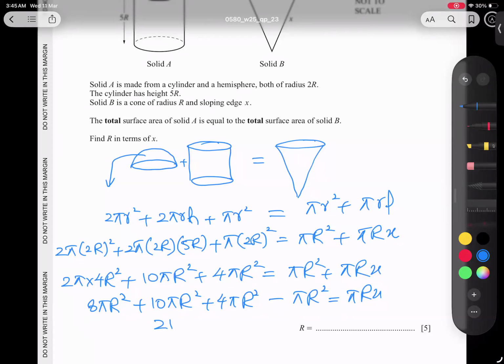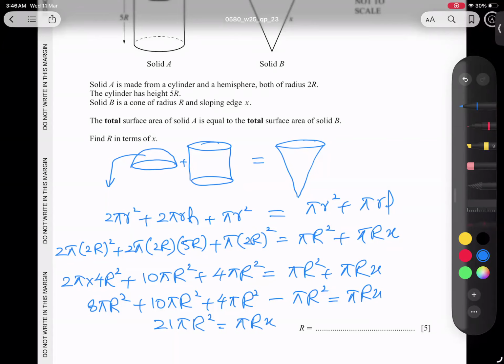I check once again. Height is 5, students. 5 times 4 is 20, so I wrote 10 here, and this is a change. So here it is 20. After this, pi r square is equal to pi r x.